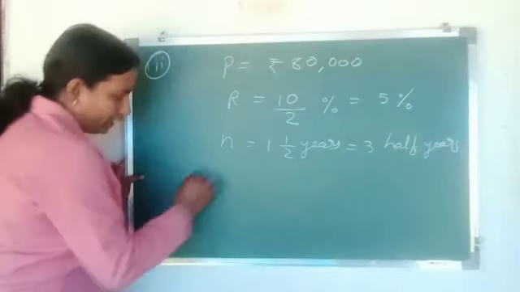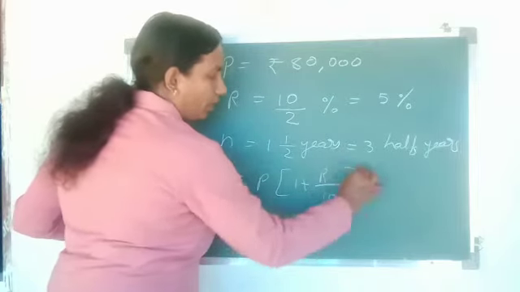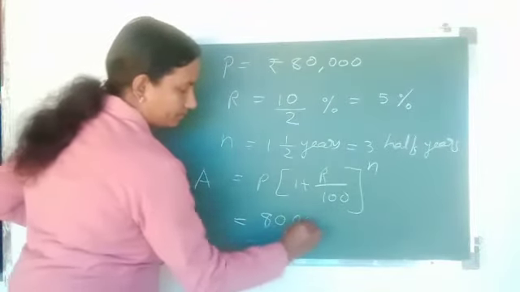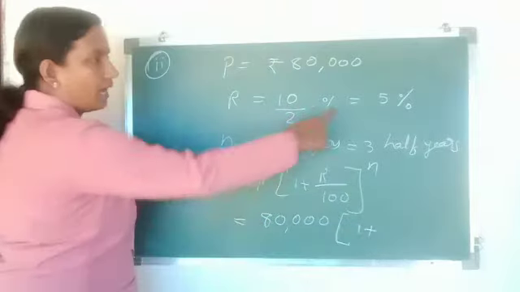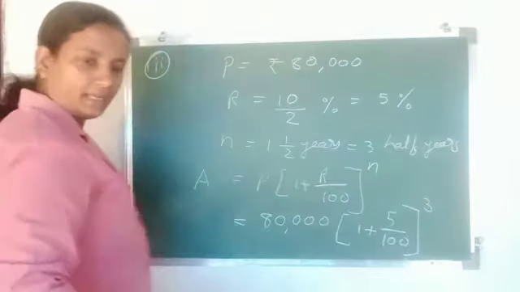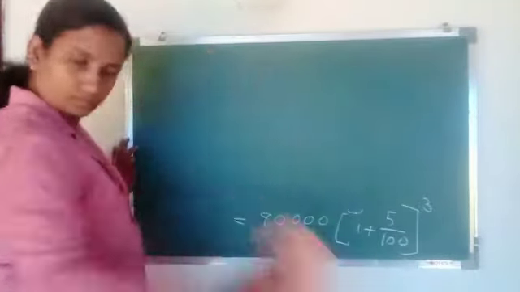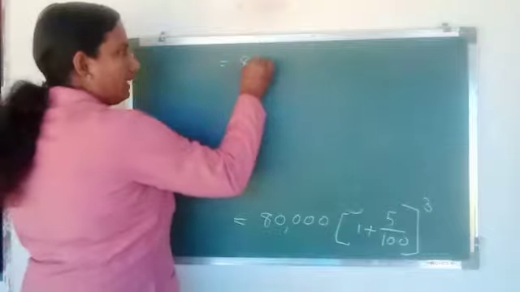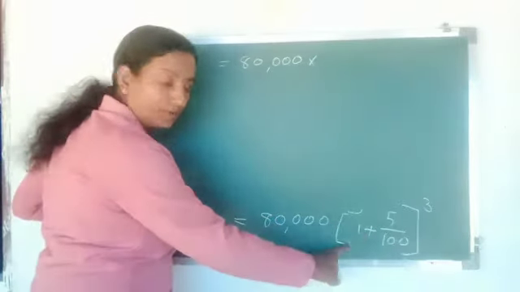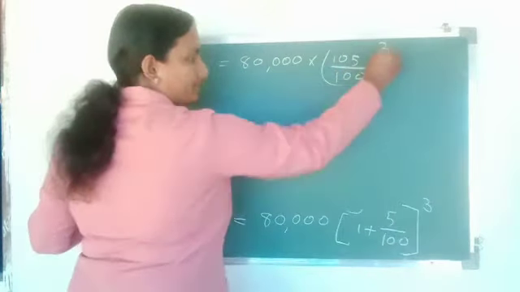So amount A is equal to P into 1 plus R by 100 all raised to N. That is equal to 80,000 into 1 plus 5 by 100 all raised to 3, which is 80,000 into 105 by 100 all cubed.